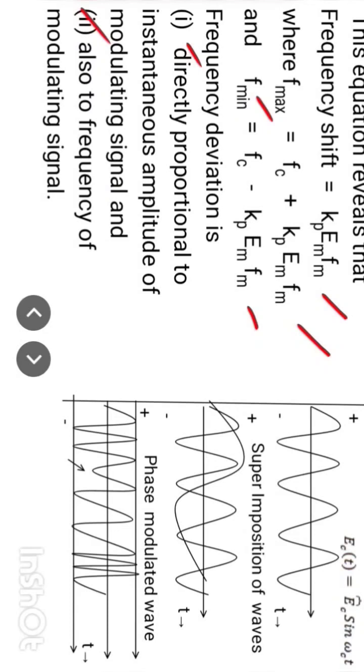Here first part is same, that is the frequency deviation is directly proportional to instantaneous amplitude of modulating signal, but in the second part it differs. Frequency deviation is directly proportional to frequency of modulating signal. So this is the difference between phase modulation and frequency modulation so far as frequency deviation is concerned.